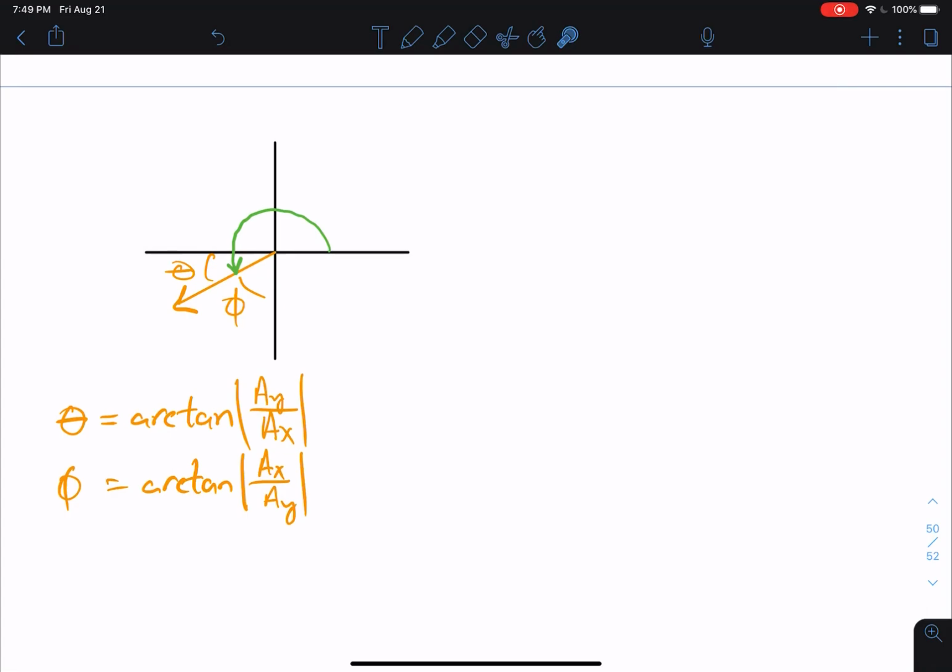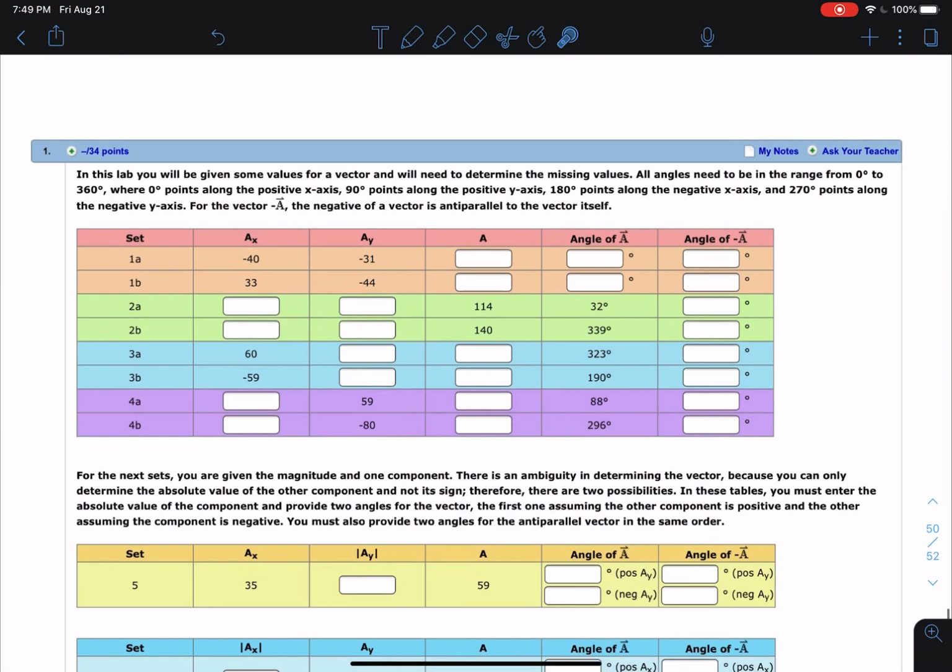Now I did one from set 1 where we have the components. Let's take a look at one of these others. How about this one here? For me it's set 2b, and I'm told that the angle is 339 degrees.